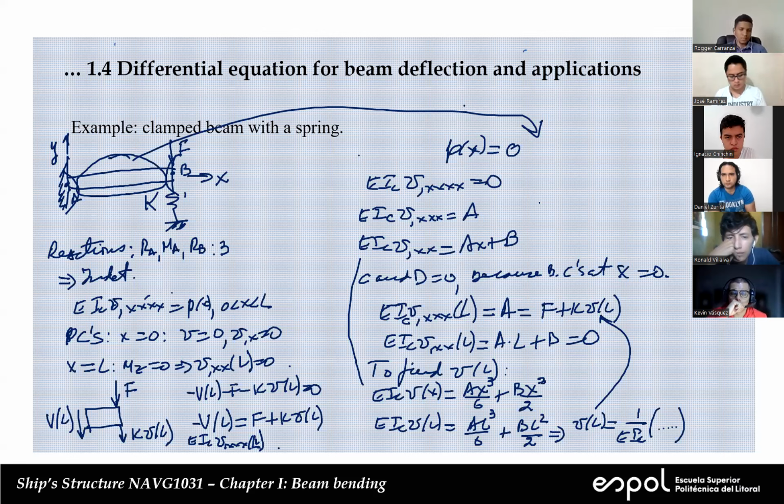But now, this spring is very strong, and I am applying a force right here. What will be the situation? Mr. Villalba, what do you say? It's like this side is clamped too. Not as a clamp, but the situation is similar in this case. No. Because this point can rotate.